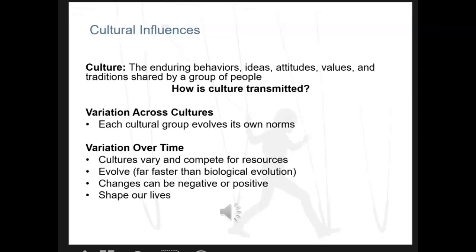Culture is very important in understanding how individuals are influenced by other people. Culture includes things like religion, ethnicity, and what part of the country you grow up in. Culture influences everything from the food you eat to the holidays you celebrate, to how you celebrate those holidays.